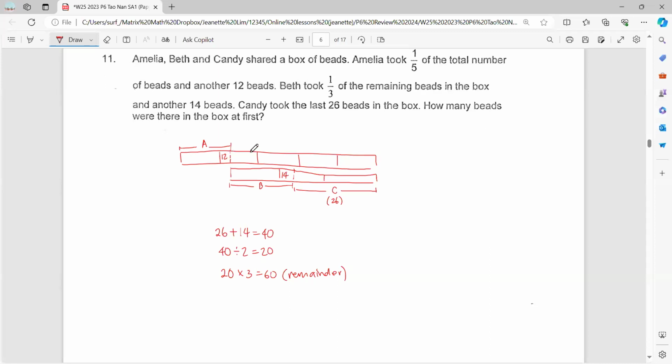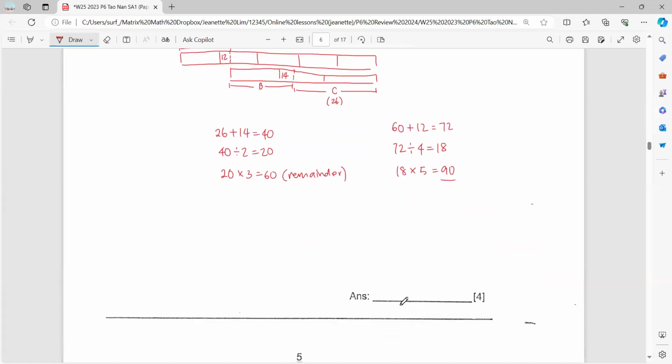Now with 60, we go up to the first model, add 12 to get 4 units in the first model. So 60 plus 12, which is 72. That is 4 units of the first model. So we have to divide by 4. And we get 18. Total at first, we have 5 units. So 18 times 5, which is 90. Answer is 90 beads in the box at first.